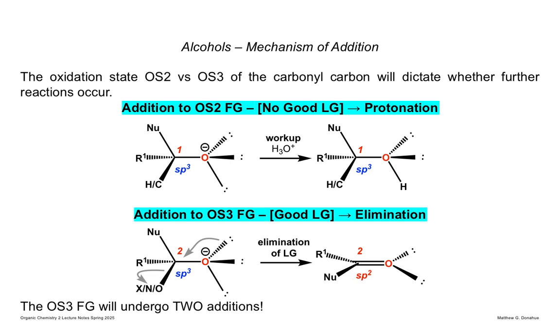So this would be for an aldehyde or ketone, you just get one addition because the reduction's already happened from 2 to 1. And then you do your workup where you adjust the pH and the oxygen gets protonated as shown here.